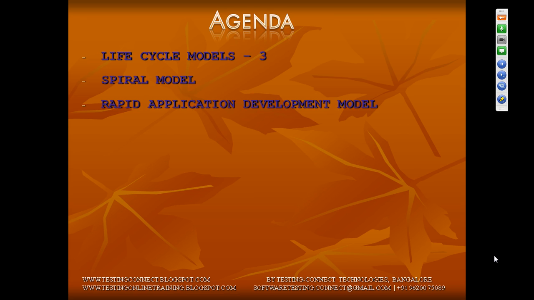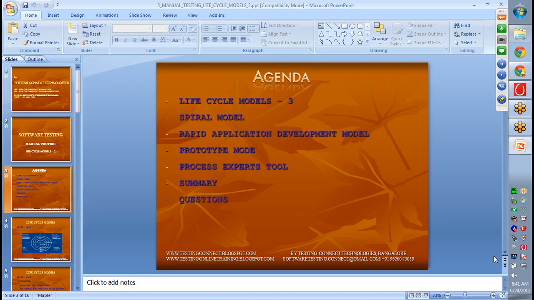These models are not at all important, but we'll try to discuss. You should be aware of what is what exactly, at a very high level. Try to remember.